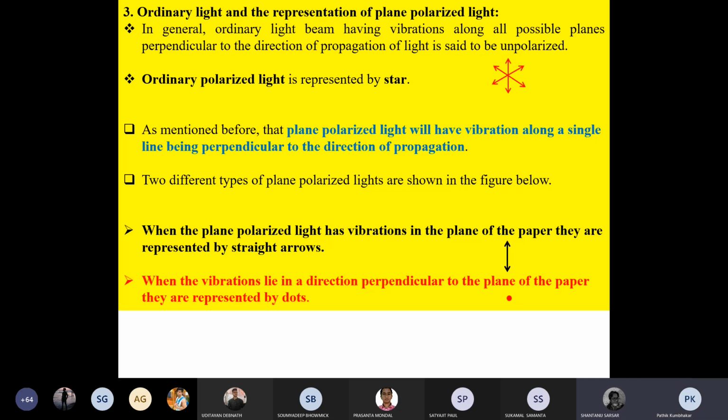So it is possible that the direction of vibration is perpendicular to the plane of your screen or the board, then it will be represented by a dot. But both have to be perpendicular to the direction of propagation of the light. That is for sure, otherwise the transverse nature will not remain valid. So this is the representation of ordinary light and polarized light.